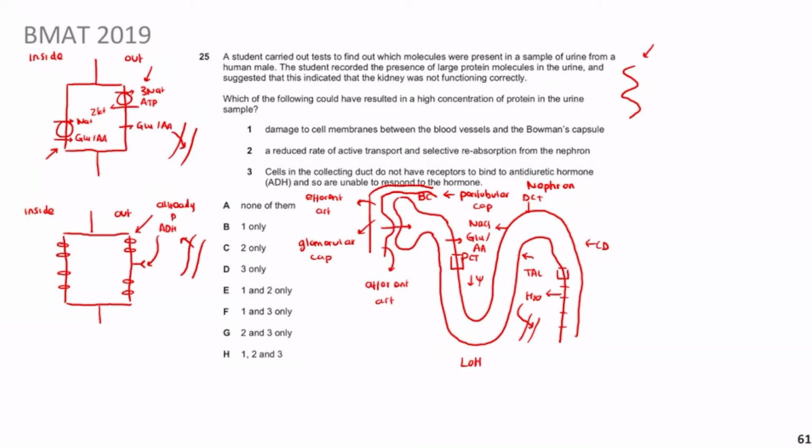But what the signaling from ADH does is it causes these channels, which are normally present on vesicles, to be inserted. The signaling triggers this vesicle to exocytose and fuse with the membrane facing the inside of the tube, and then it inserts those channels. That means you can bring water in here, and then water can go through there, and then water can just go into the blood after that.